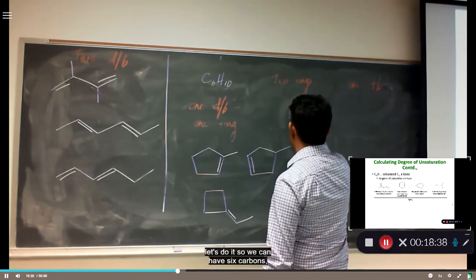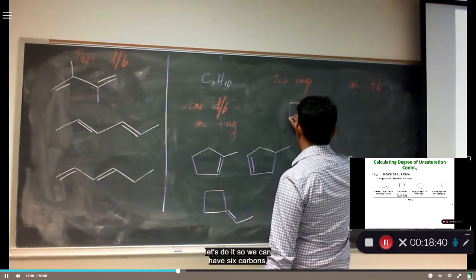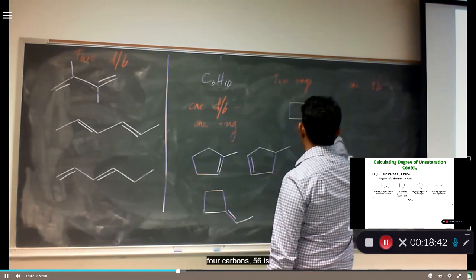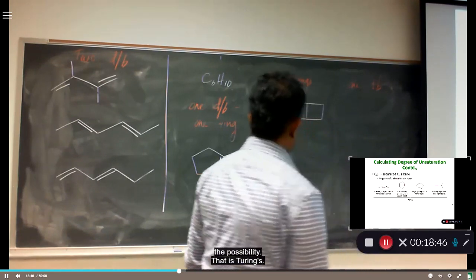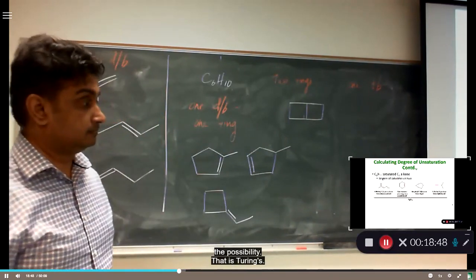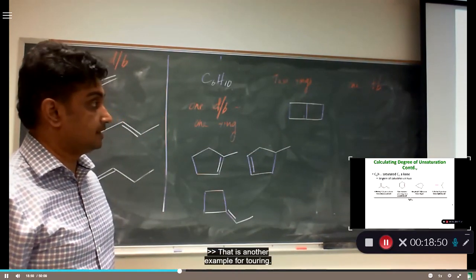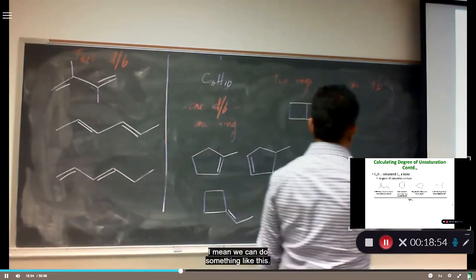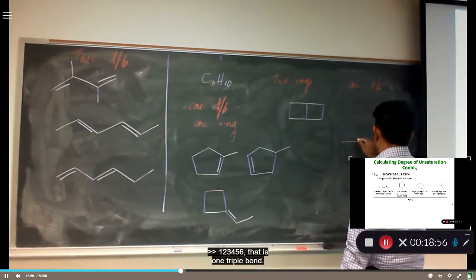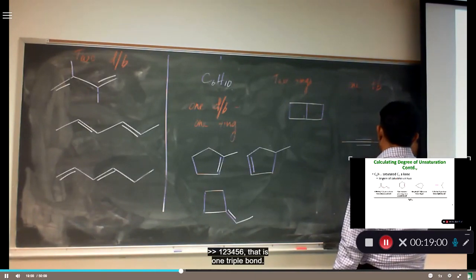Here's 4 carbons, 5, 6. Here's a possibility, that is another example for two rings. And then one triple bond. We can do something like this: 1, 2, 3, 4, 5, 6.